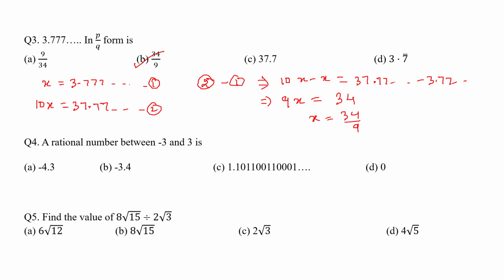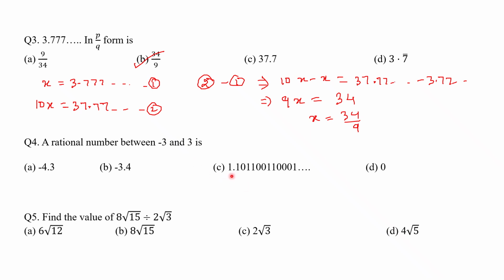Now question number 4, a rational number between minus 3 and 3. Between minus 3 and 3 we have minus 2, minus 1, 0, 1 and 2. The first one is minus 4.3, which doesn't lie between minus 3 and 3. Then minus 3.4 also doesn't lie between minus 3 and 3.